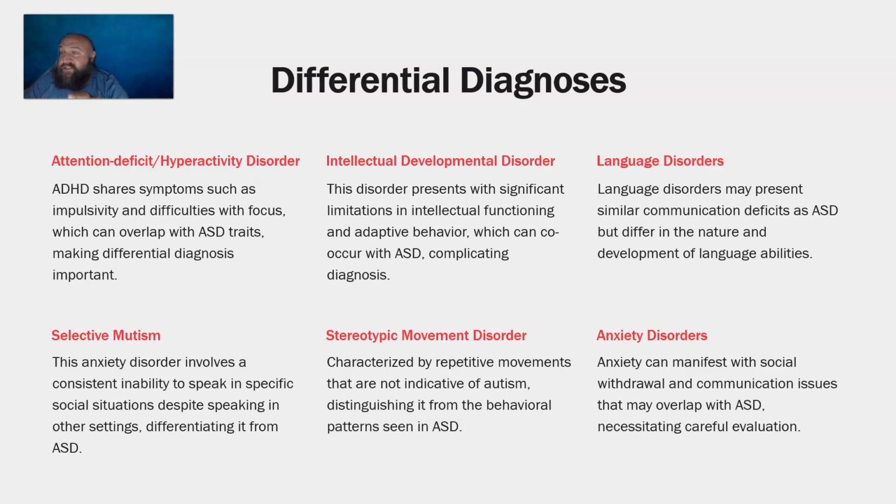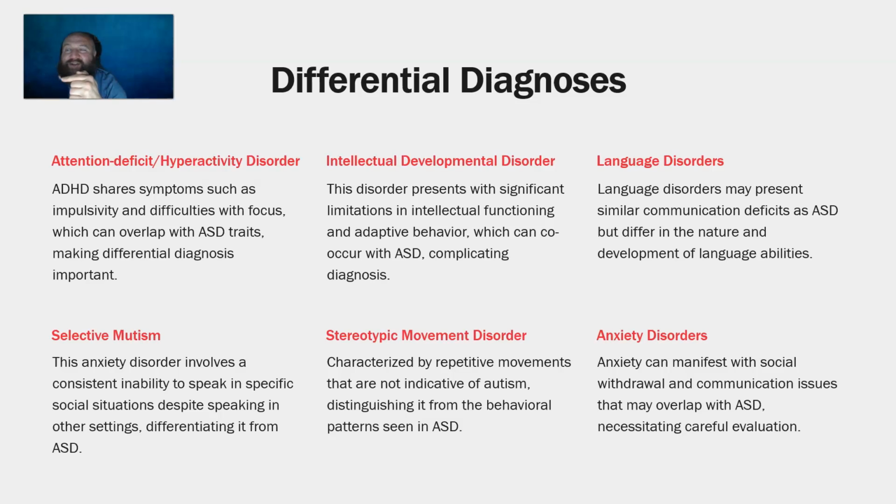Differential diagnoses. So this is still staying with the DSM. In the DSM, it will mention what's called differential diagnoses, and these are actually oftentimes really helpful. So what a differential diagnosis is: I'm a clinician, I'm thinking this child may have ASD, may have autism spectrum disorder.